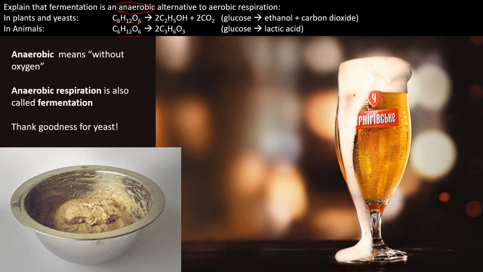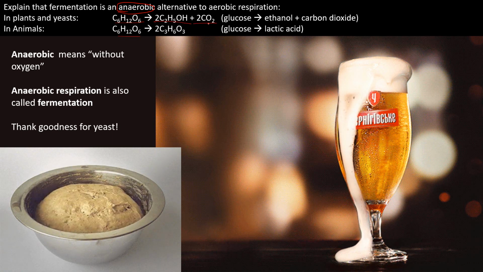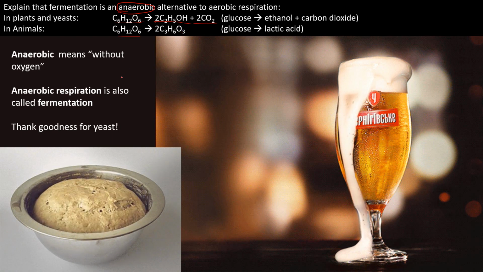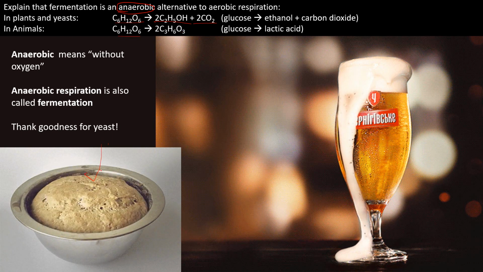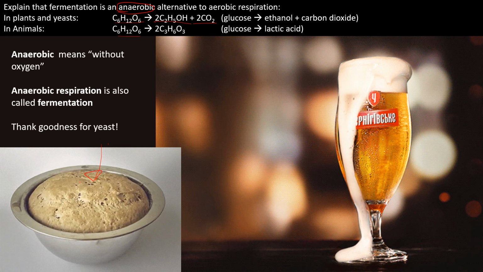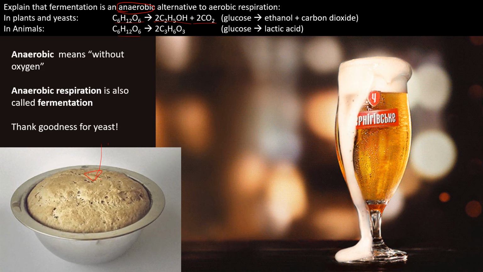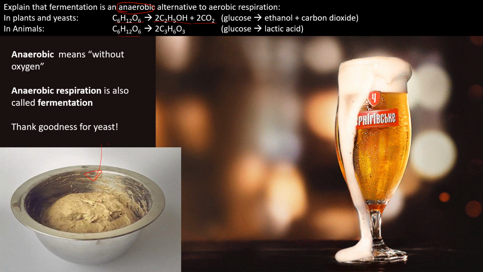In plants and yeasts, that glucose can be converted into ethanol and carbon dioxide. And humans have made use of this through the years. I've got some bread down here. Obviously, this is on repeat, but that bread's rising because the yeast in there, which is a fungus, is breaking down the sugar in the bread and turning it into carbon dioxide and a little bit of alcohol.